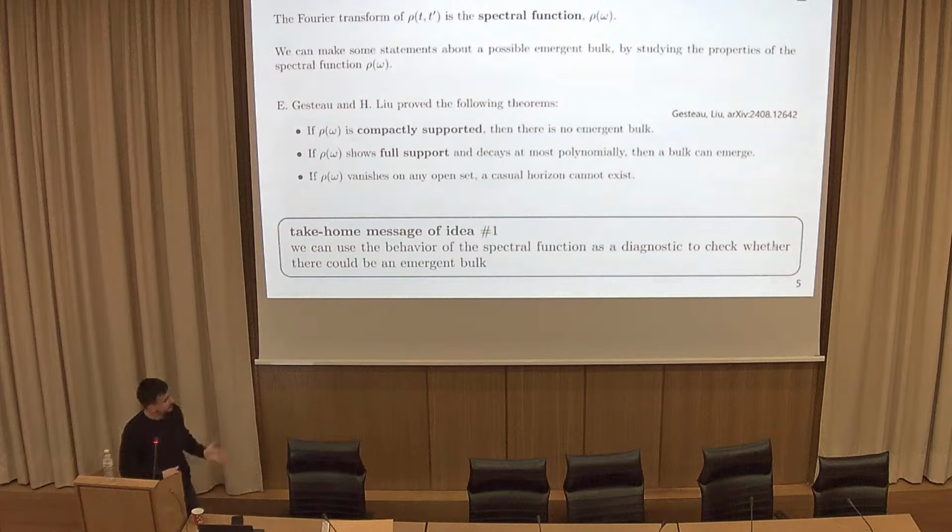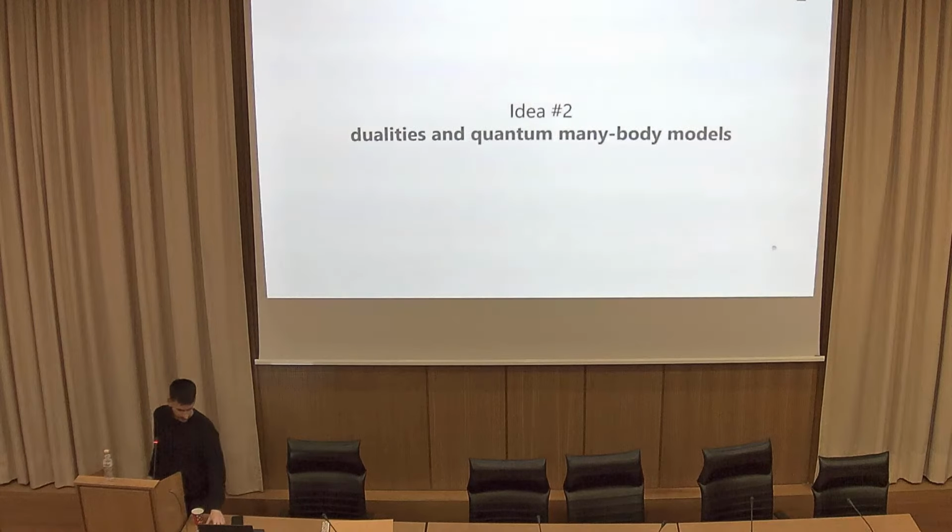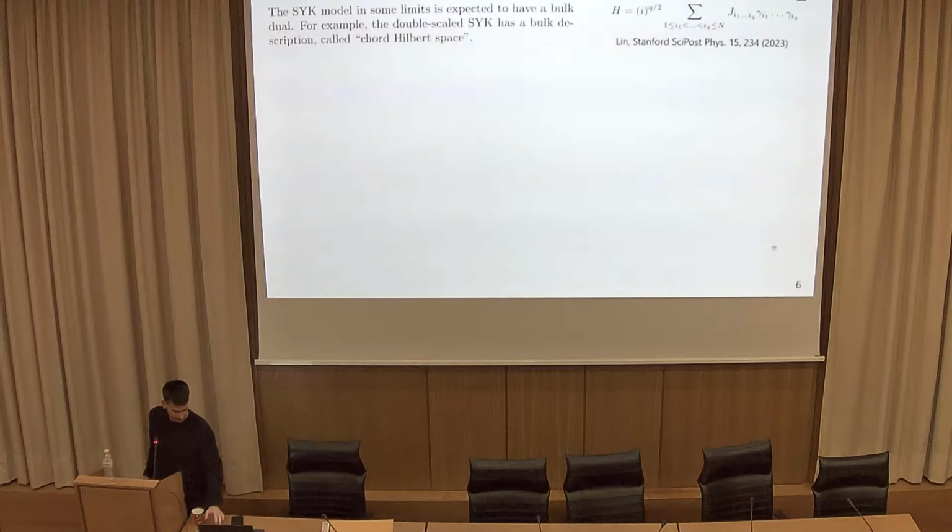So the take-home message of the first idea is that we could use the support of the spectral function as a diagnostic tool to check whether my boundary theory could have an emergent bulk. Now we can move to the second idea, which is searching for dualities in quantum many-body models.